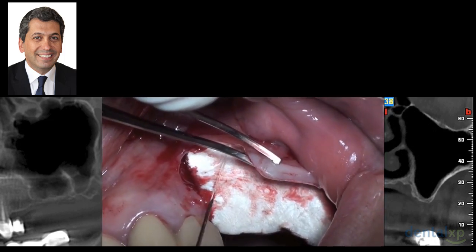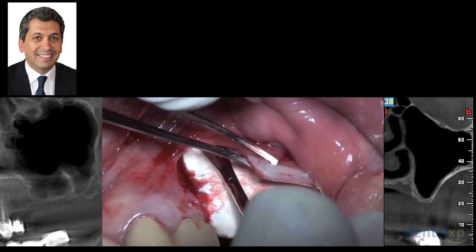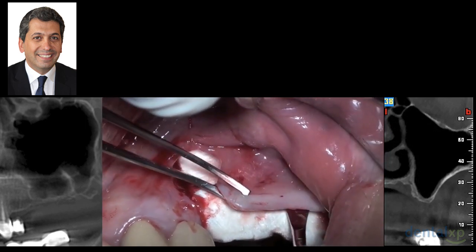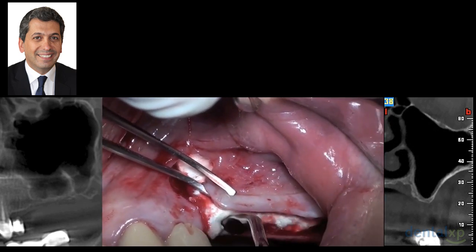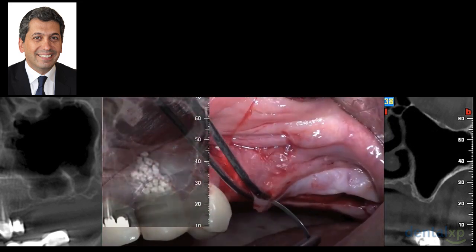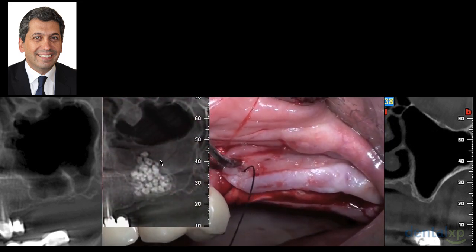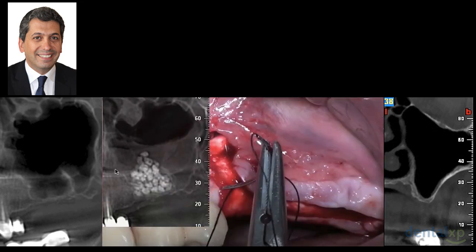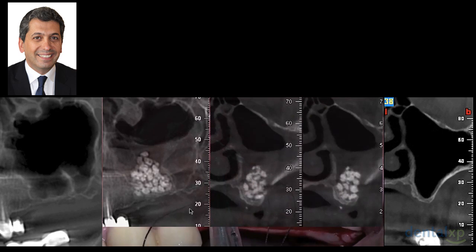I usually don't put tags, but I think it's more efficient to stabilize this membrane with tags in order to avoid any movement of the graft, and we will see it in some of the radiographs I will show you now. So now that this procedure is done, you can see here that I did elevate the membrane and I did fill properly the needed part of the sinus.